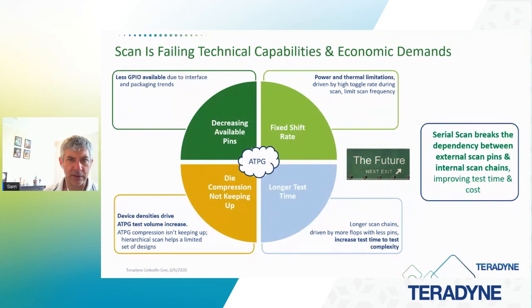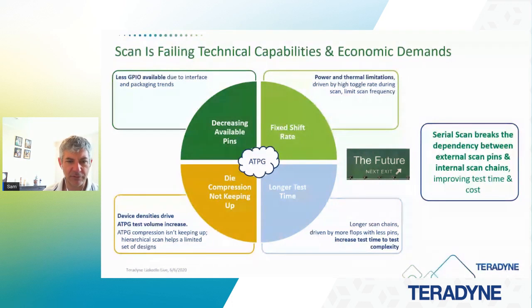On the upper right, the rate at which you can shift chains through your part is limited by a combination of power considerations and thermal considerations. And some of these relate to burning up the part, some of these relate to the ability of the tester to supply power at the chip, based on the number of pins or number of pads, or the test environment that you set up.